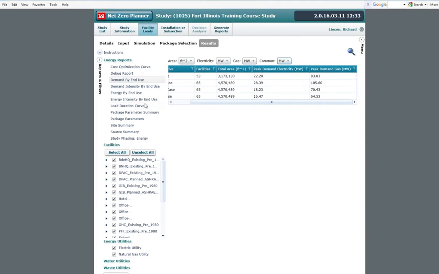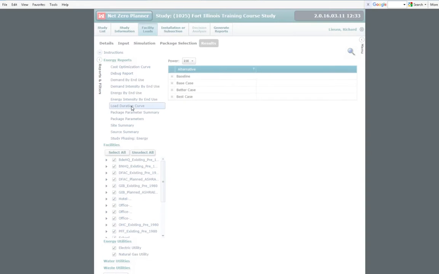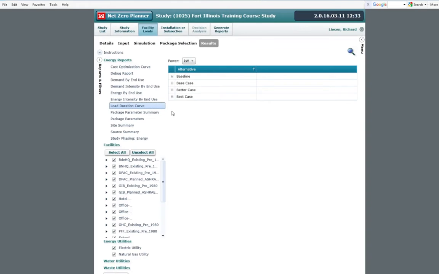So for me, energy intensity by end use and demand by end use are kind of the ones that we use there. This load duration curve can be really powerful, looking at how much time you spend at different levels, and I'll give you an example of that in a minute.